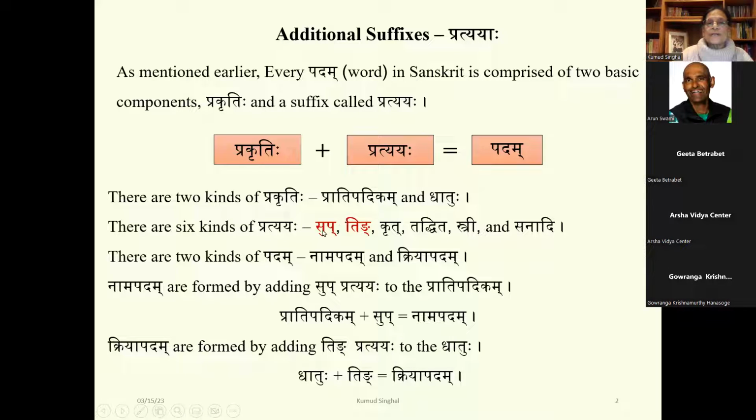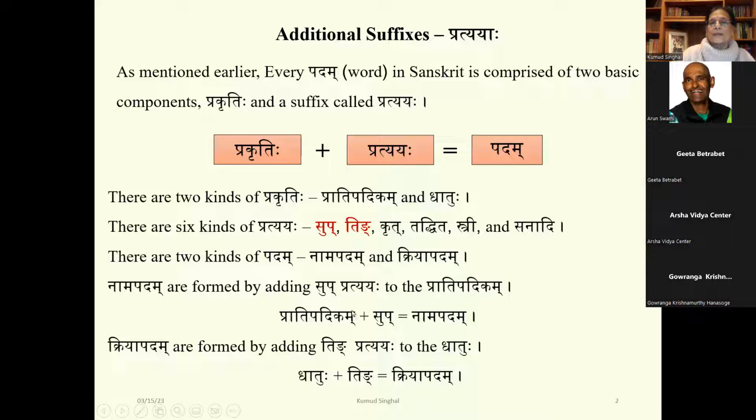These two suffixes, sup and ting, we have already studied. There are 2 kinds of padam, nama padam, name forms, and kriya padam, verb forms. Nama padam are formed by adding sup suffixes to the pratipadikam or the nominal stem. There are 24 such sup pratyayas.